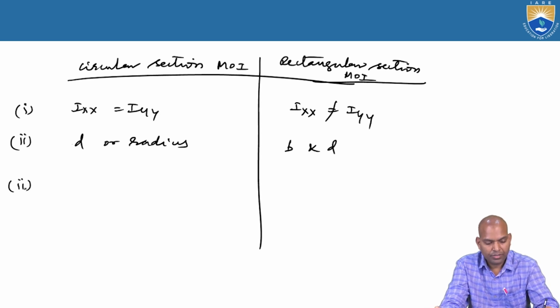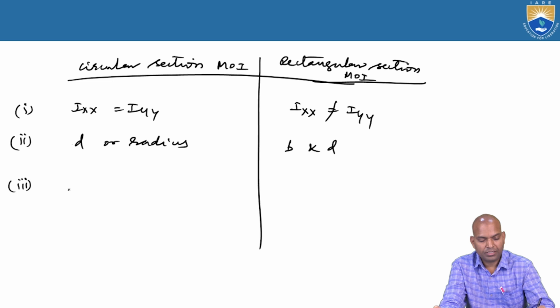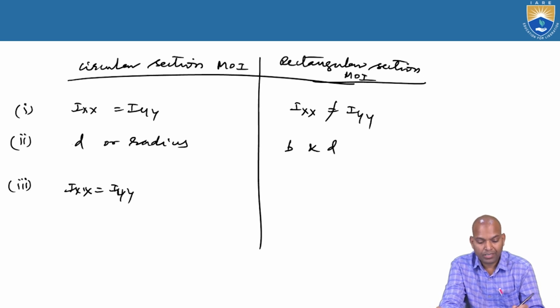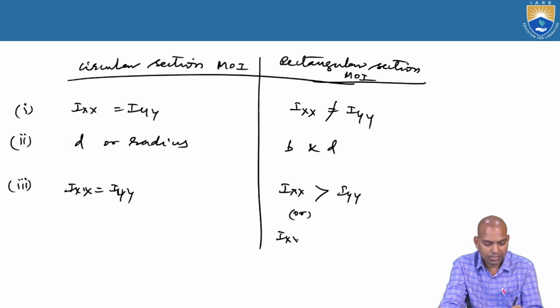If D is the only parameter, Ixx equals Iyy, because the moment of inertia about the xx axis is the same as about the yy axis, since it is a single parameter. Whereas for the rectangular section, Ixx can be greater than Iyy, or Ixx can be less than Iyy.